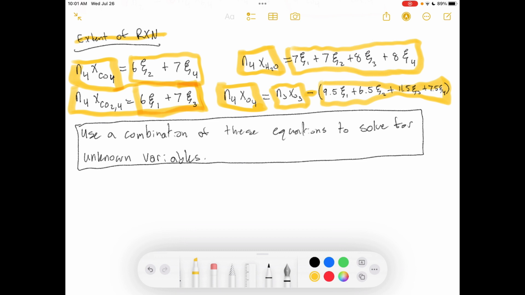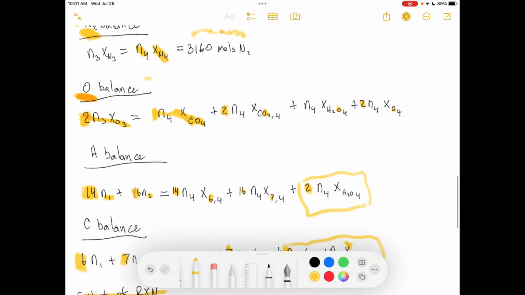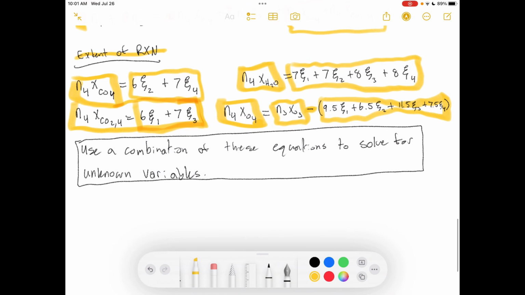So that's how you calculate. This gives us all of the equations that we would need to solve for all of the unknowns, right? This gives us enough information if we know just 3 more of the variables or have 3 more pieces of information. So you'd use a combination of all of these equations in order to solve for the unknown variables. And that is it for problem number 4.65.